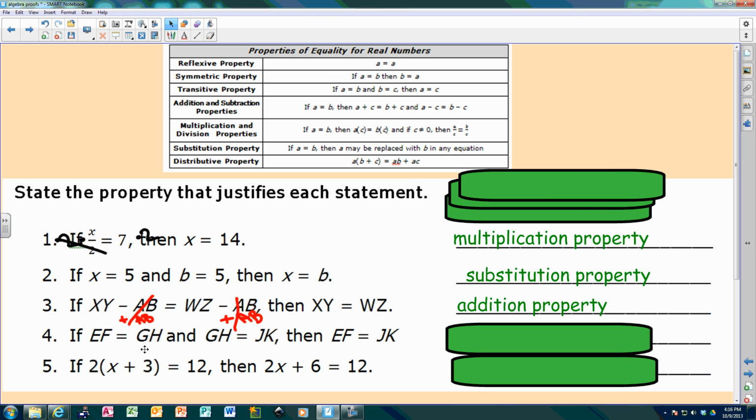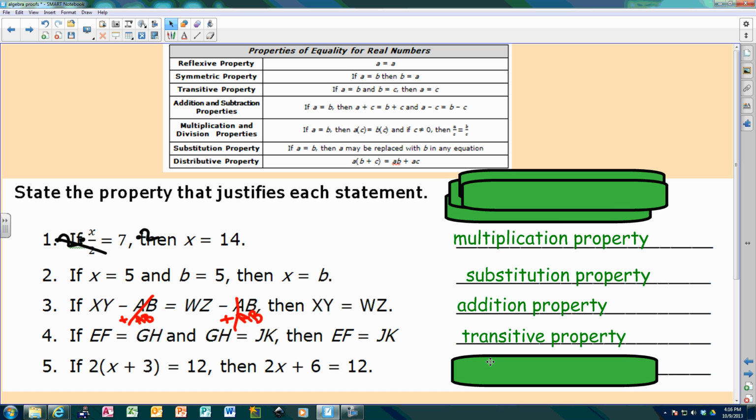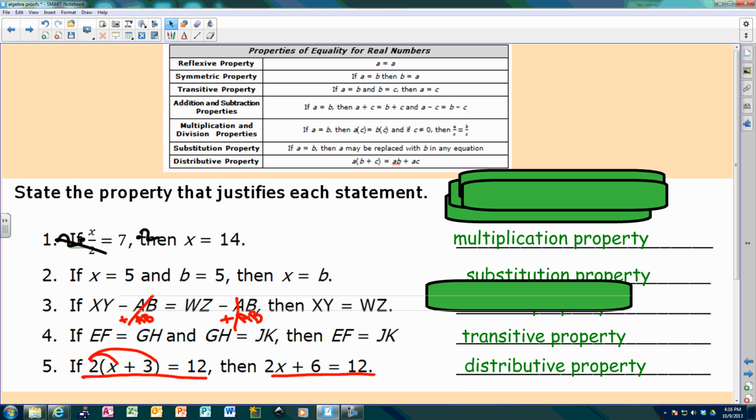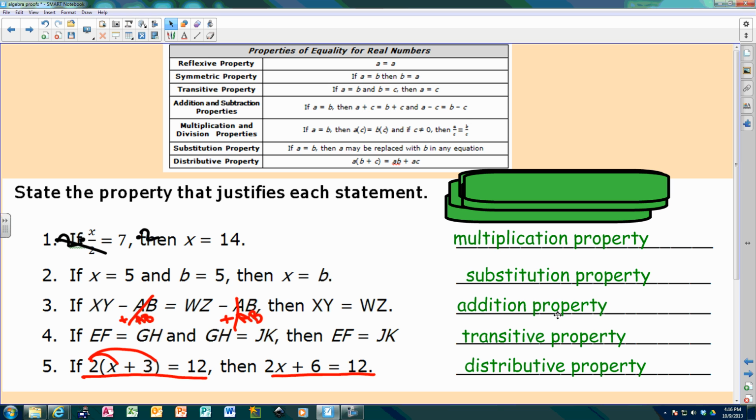If EF equals GH and GH equals JK, then these two GH's are going to cancel out, leaving us with EF and JK. That would be the transitive property. And then, of course, we've got 2 times x plus 3 equals 12. How do I go from here to here? What did I have to do? I had to distribute. So then we would use the distributive property.